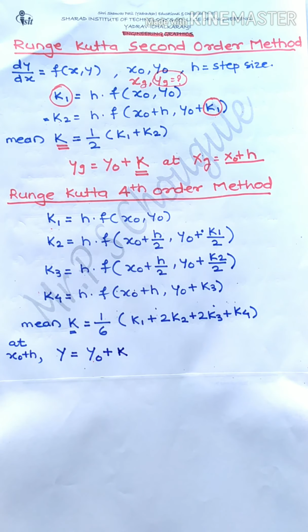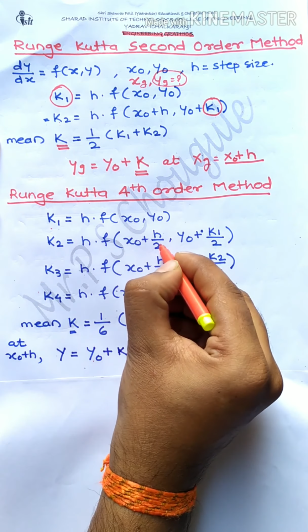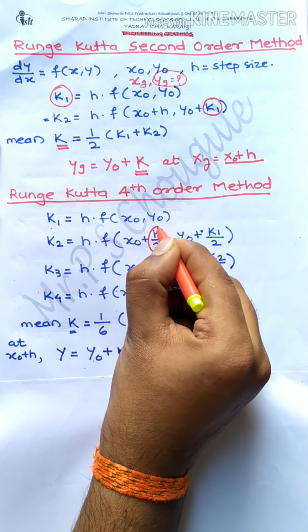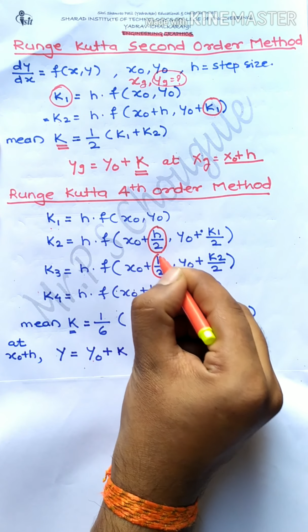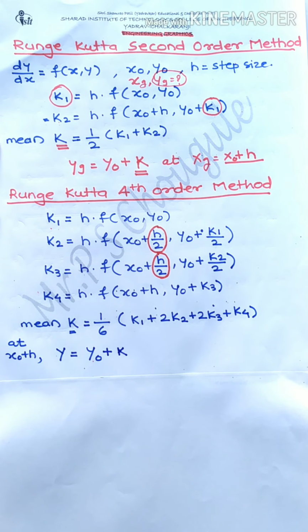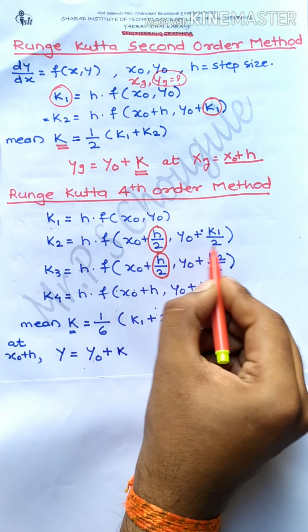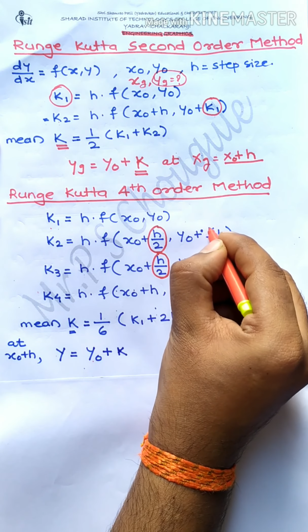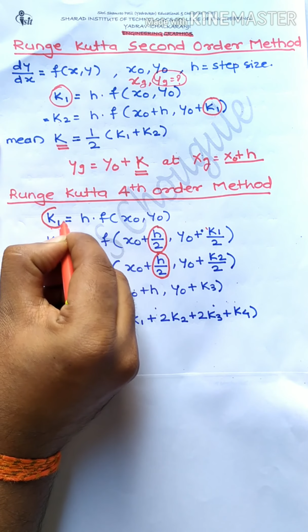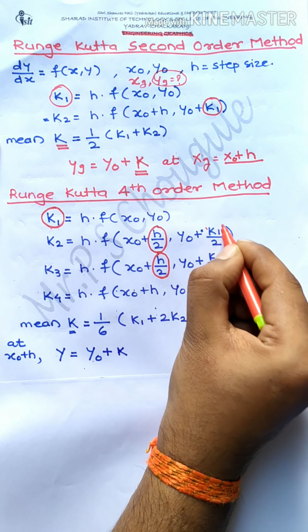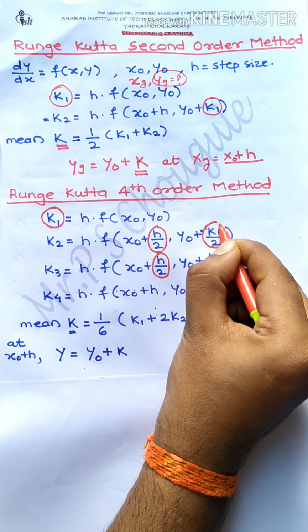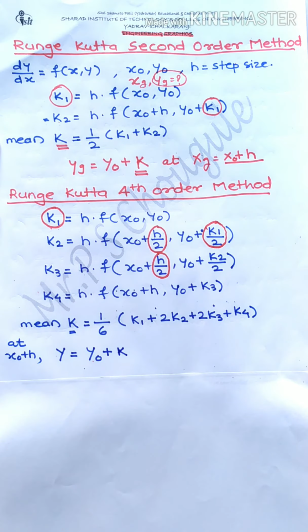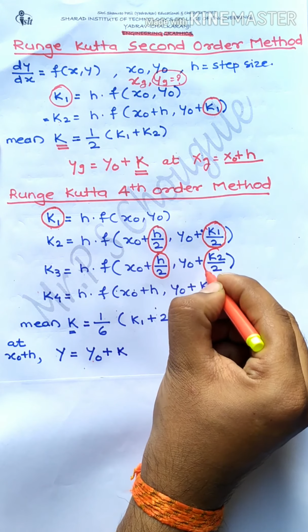Right? So things to remember in this case, here h by 2, x0 plus h by 2 we have to take, and in this term the k1 we will extract from here itself, k1 divided by 2, the y value will be increased by k1 divided by 2. Here k2 divided by 2.